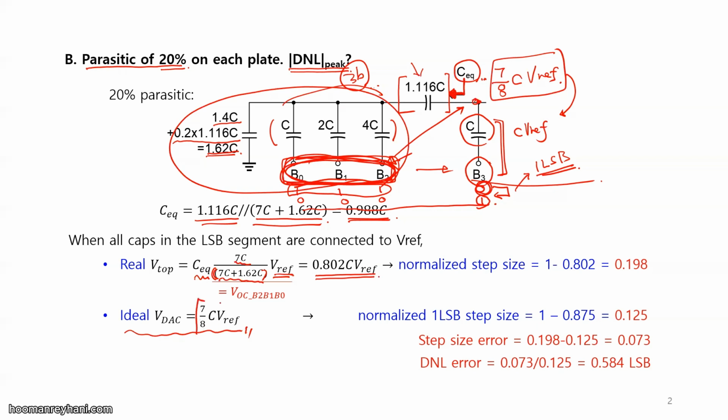The ideal one is this one, which is 0.875 CVREF. We have this much, right? So from here to there, I mean the one generated by this one to the 0001 case, right? This one will have normalized value like this.